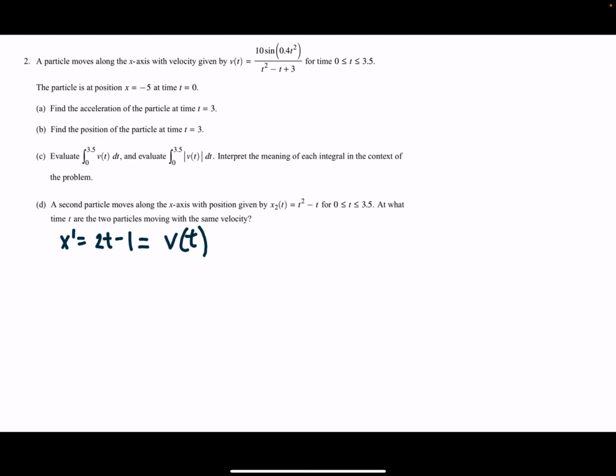I'm only looking at the window from 0 to 3.5, and I'm looking for points of intersection, using my calculator to do it. Once again, it makes me really happy that I put that velocity function in the Y editor the second I started this problem. Now I just have to enter one more function and look for a point of intersection. After the two functions, I see there's exactly one point of intersection.